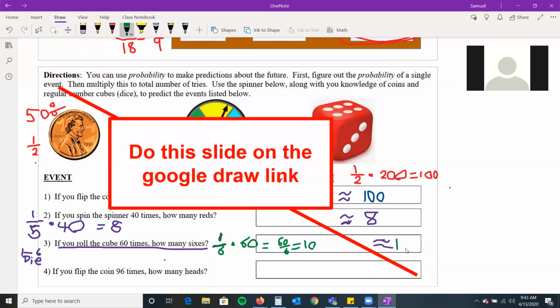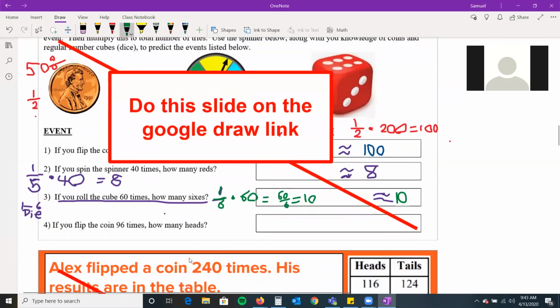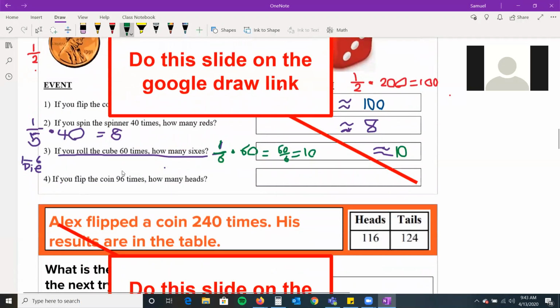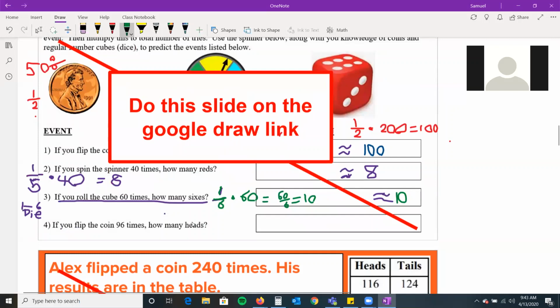So if we rolled a die 60 times, there's a good likelihood it'll be somewhere around 10 rolls that we'll get a 6. Again, this is just a prediction. This is just us using our best guess from the probability. All right, and then this last one here, if you flip the coin 96 times, how many heads?